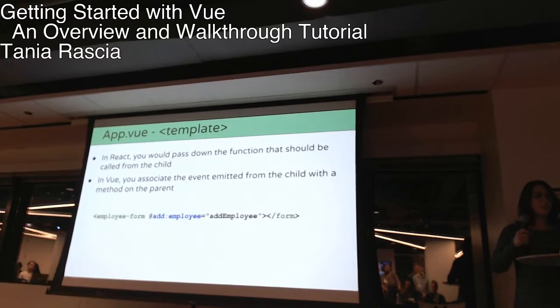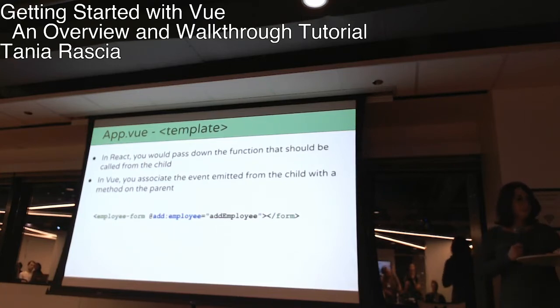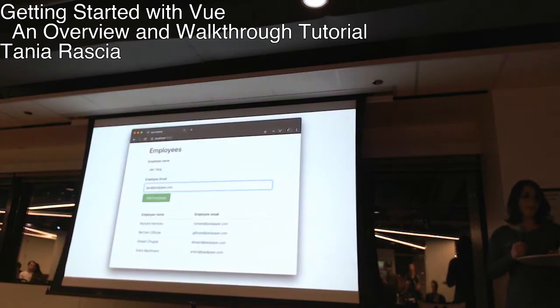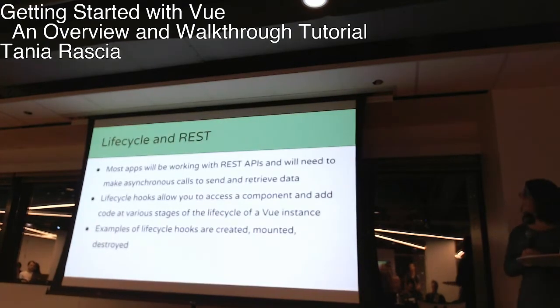So this whole concept is just a little bit difficult to wrap your head around if you're only used to passing data down one way. But it kind of makes it easier to just not think about passing things down through multiple components. So over here I have the employee form. It's emitting that addEmployee event. And now once I click on it, I can do it.